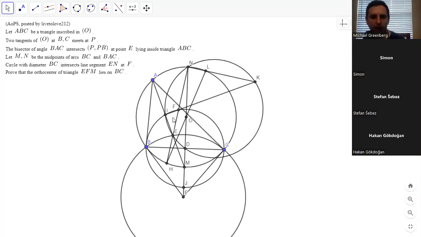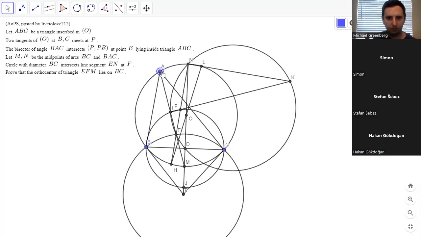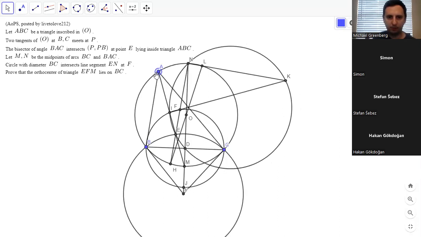So BFC is 90, and we want to show FIE is 90. Is FIE similar to FBC? I would be surprised, but it's possible. No, they can't be similar.